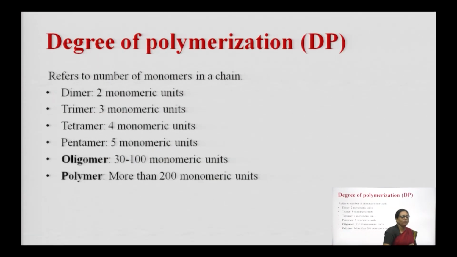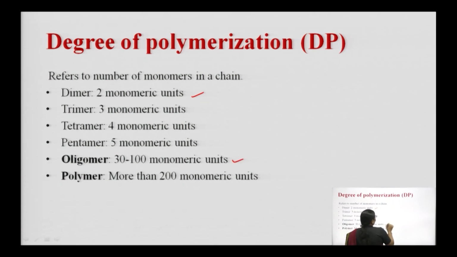Another term very commonly used in context with polymers is degree of polymerization, represented as DP. This basically refers to the number of monomers in a chain, and depending upon the number, we can call the chain a dimer when it has 2 units, a trimer when it has 3 monomeric units, and so on.